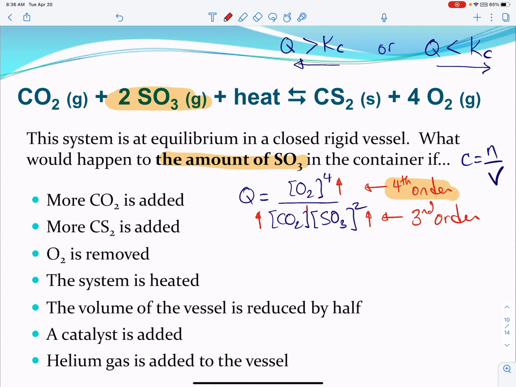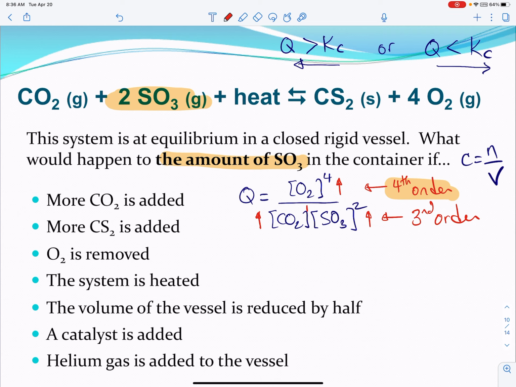So there's what you want to note. Reducing the volume causes all of the concentrations to increase. The top and bottom of Q will increase. But because the numerator has a larger order, the numerator will increase more than the denominator. And that causes Q to get bigger.